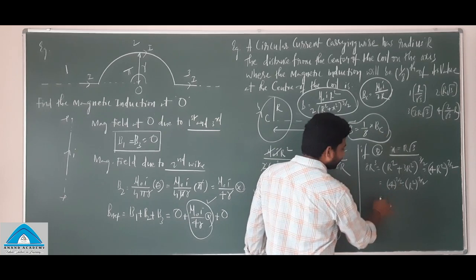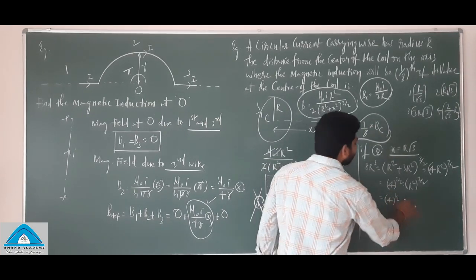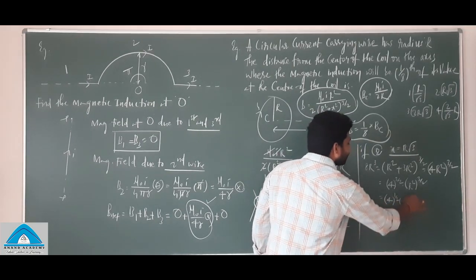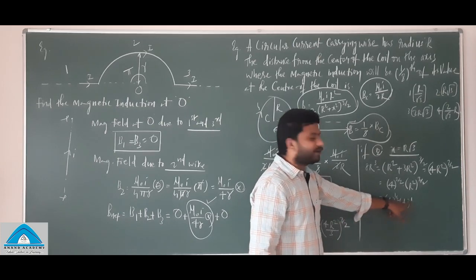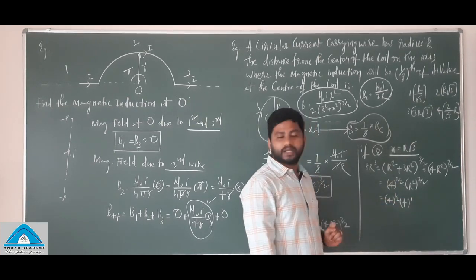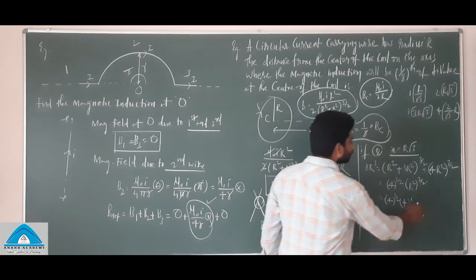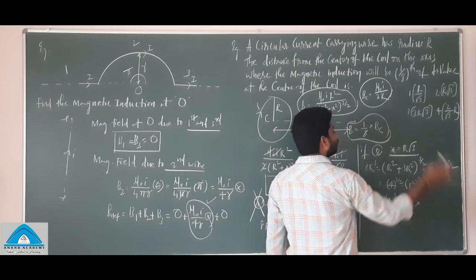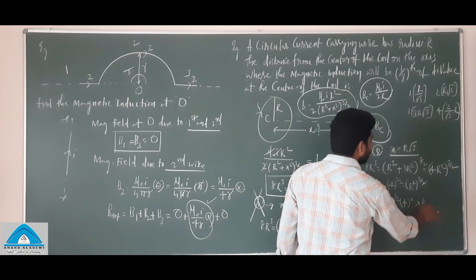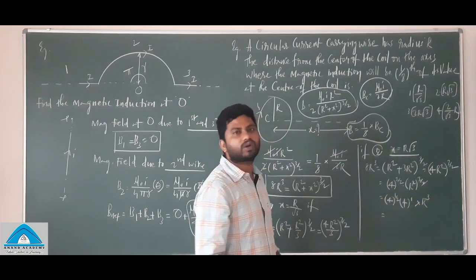And this I can write as 4 to the power 1 by 2 into 4. r square whole to the power 3 by 2 means the 2 gets cancelled, it is r cube. So 4 to the power 1 by 2 means what?